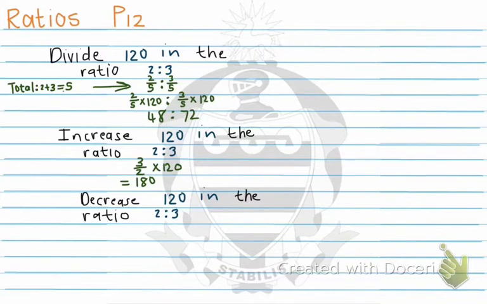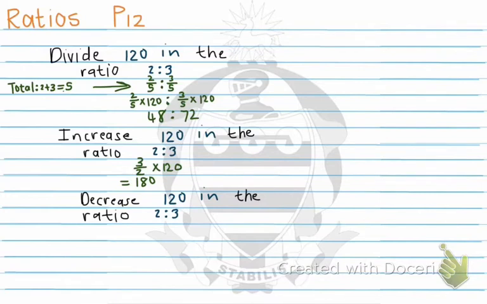The next example asks us to decrease 120 in the ratio 2 to 3. Decrease means my answer should be less than 120. So again, you look at your ratio and which one is the smallest. I hope you all agree with me that 2 is the smallest.